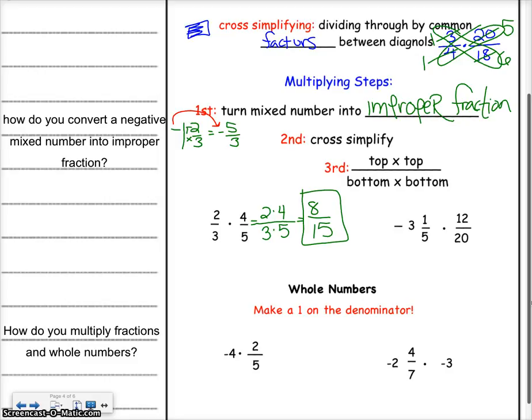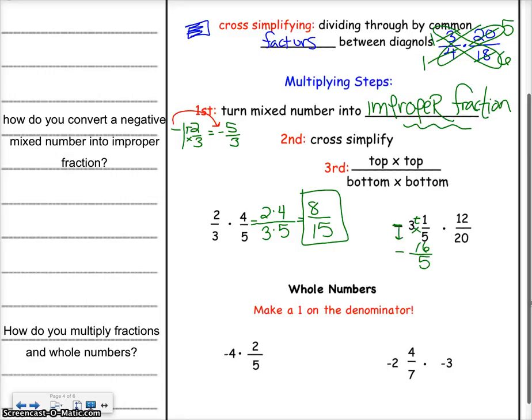I do not need to simplify. Okay, the next product they want us to find is negative 3 1/5 times 12/20ths. Well, here I have to do my step 1 where I need to turn my mixed number into an improper fraction. Notice I have this negative on the side. I'm going to deal with that last. So applying that Texas strategy, I'm going to go 5 times 3 is 15, plus 1 is 16 over 5.